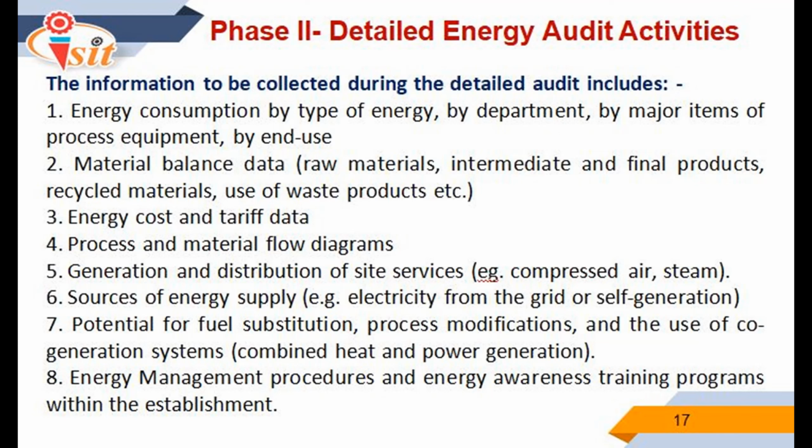Third, the energy cost tariff data, the process and material flow diagrams, and generation or distribution of site services. Next, the source of energy supply, like electricity grid. Next, the potential of energy substitution, process modification and use of cogeneration systems. And an important point is the energy management procedures and energy awareness training programs within the establishment.